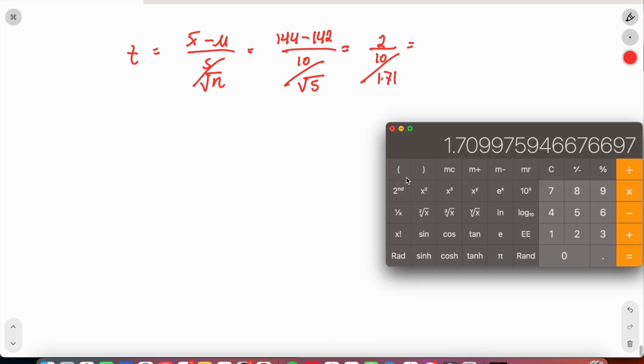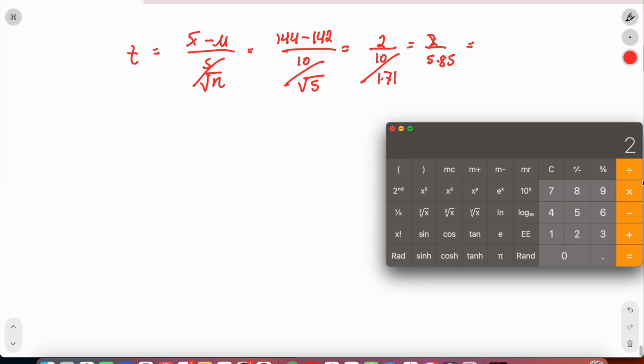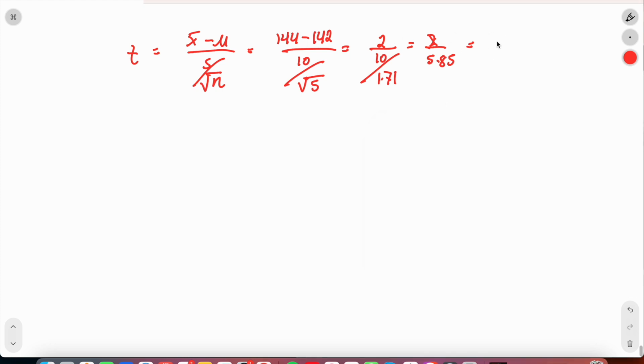So 10 divided by 1.71 is 5.85. Then 2 divided by 5.85 is 0.342. Let's round it to the nearest 4 decimal places: 0.3419.